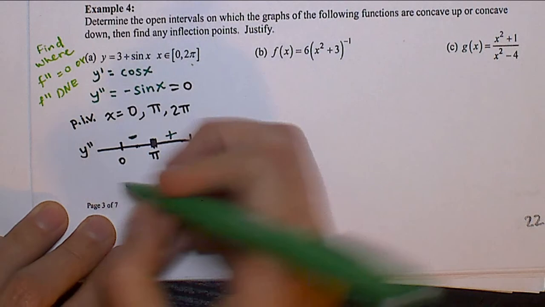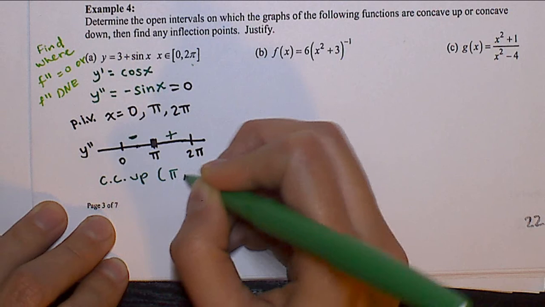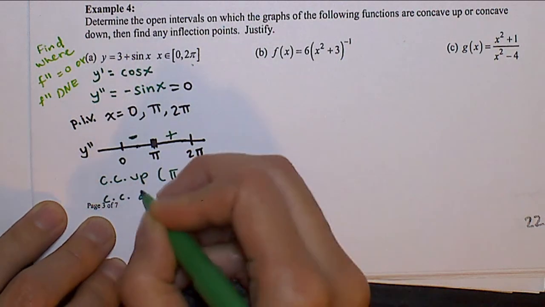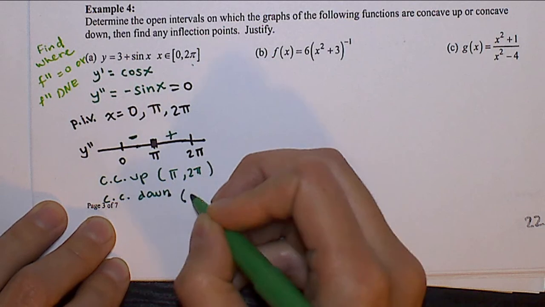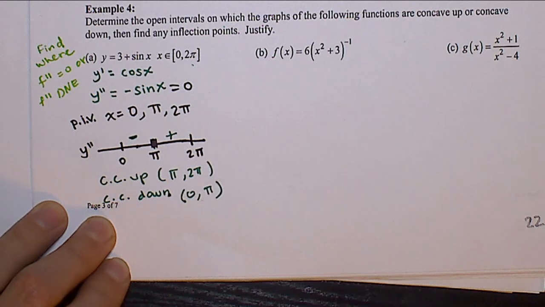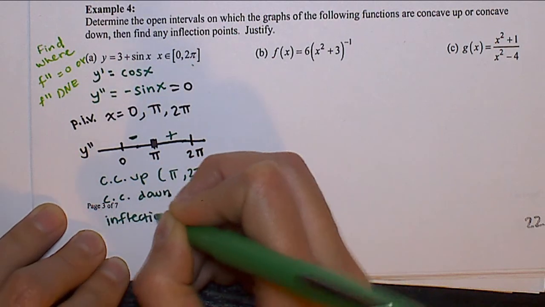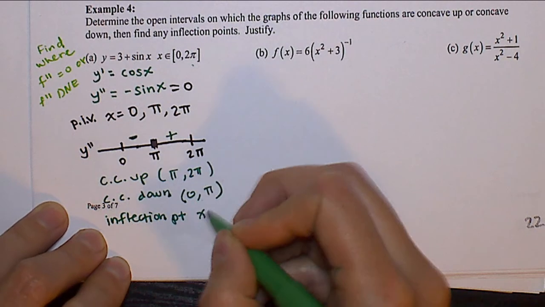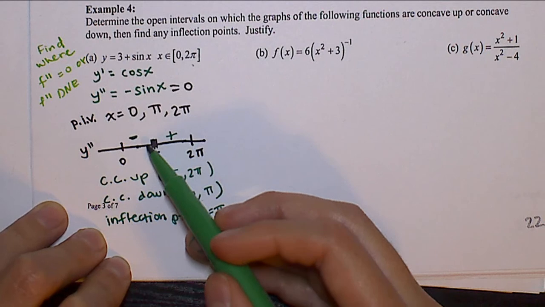So this is concave up from pi to 2 pi, concave down from 0 to pi. And then the inflection point is at x equals pi, because that's where the concavity changes signs. It's where y double prime changes signs.